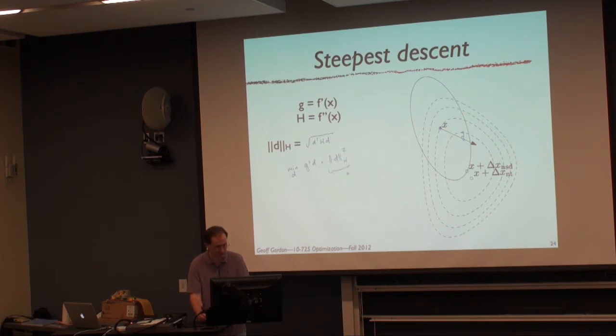And this part is just d transpose H d. And if you solve this, you'll get exactly that d is equal to minus H inverse g, right? And so you'll get the Newton step here to x plus the Newton step. Okay, yeah?